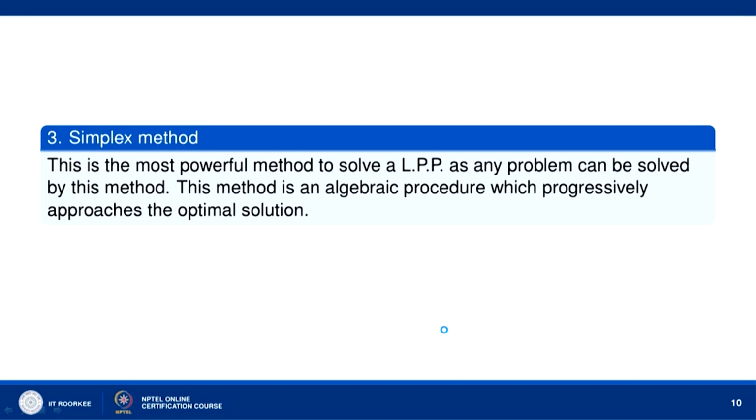Now, the simplex method. This method is the most powerful method to solve a linear programming problem. Any problem can be solved by this method, and this method is an algebraic procedure which progressively approaches the optimal solution, as we shall see.